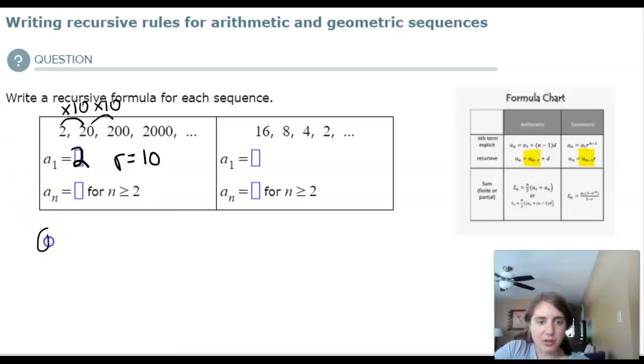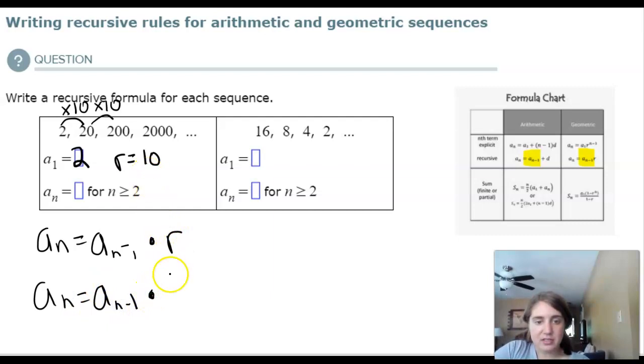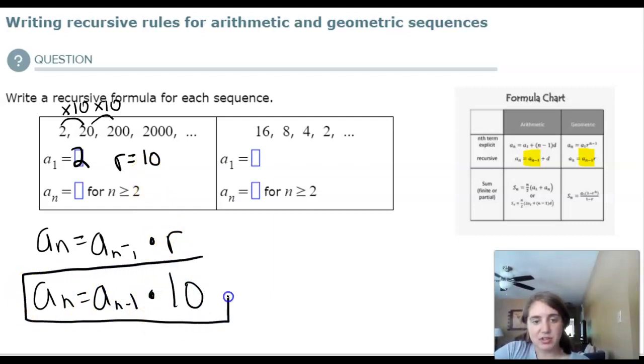So I have the formula an equals an minus 1 times r. And in this situation, I know that my r is 10. When it says n is greater than or equal to 2, that means the second term. So this is your first term, and then second term on, you'd use this equation.